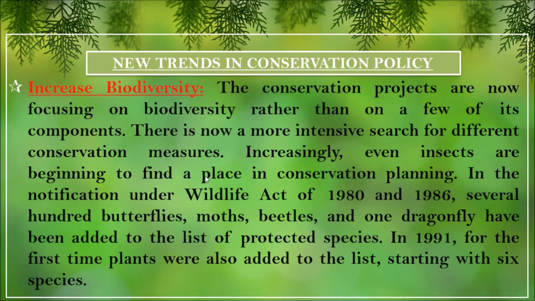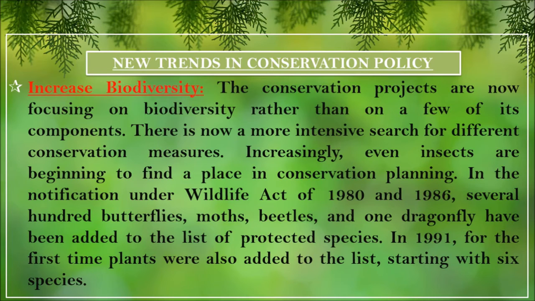Increasingly, even insects are beginning to find a place in conservation planning. In the Notification and Wildlife Act of 1980 and 1986, several hundred butterflies, moths, beetles and one dragonfly have been added to the list of protected species. In 1991, for the first time, plants were also added to the list, starting with 6 species. This is what we discussed in the last slide.